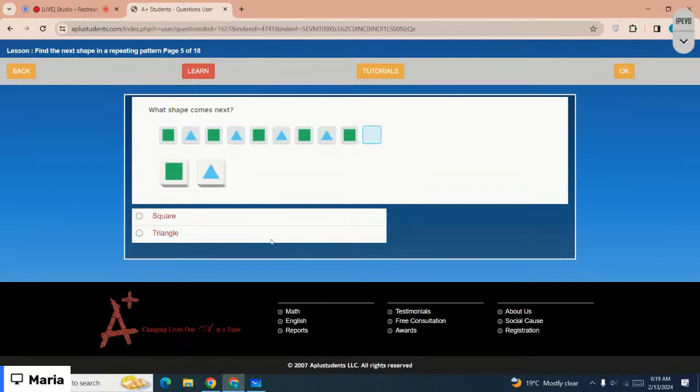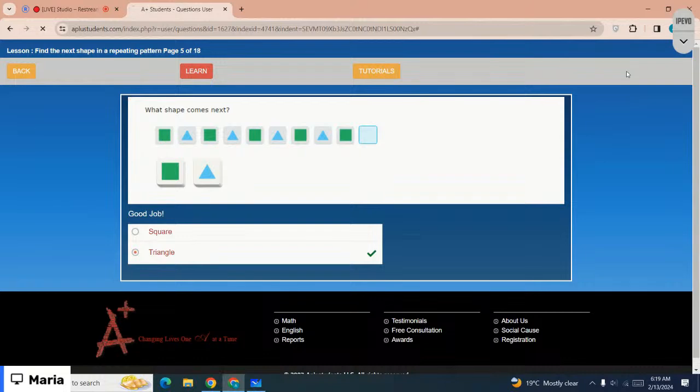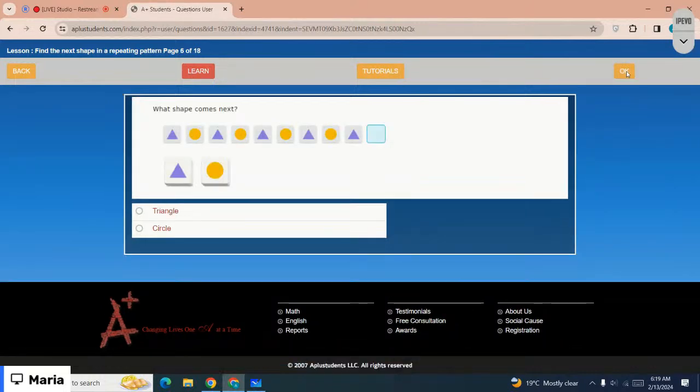The next one is a triangle. Which shape comes next? Which is the correct option? The next one is, yes, circle it is. The correct option is circle.